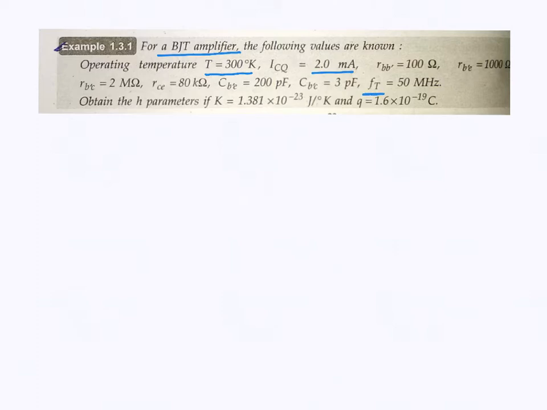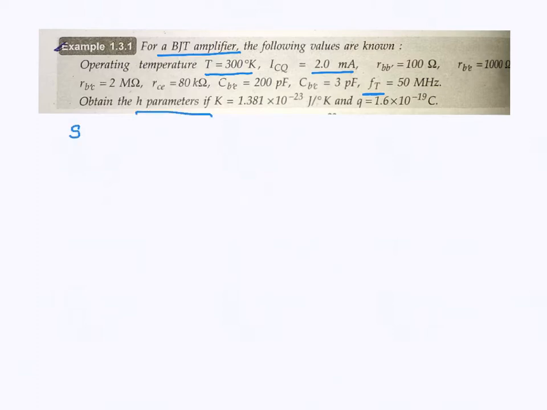He has asked to find the H parameters, and he has also given the capital K, which is the Boltzmann constant, and he has mentioned that the charge of the electron is 1.6 into 10 power minus 19. So what he has asked is to find all the H parameter values.